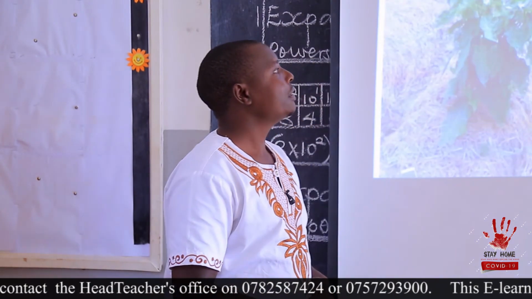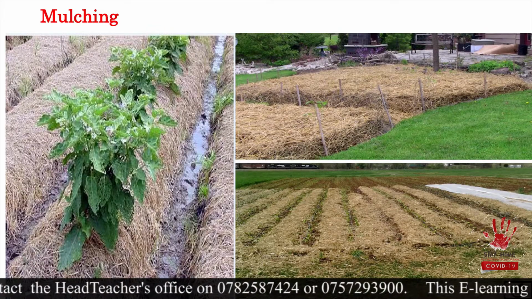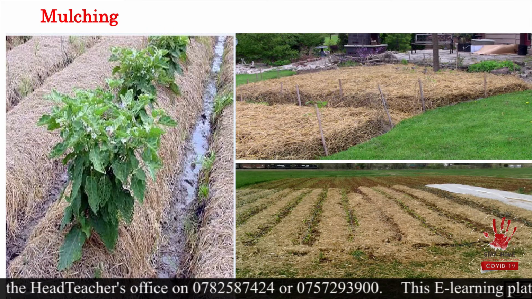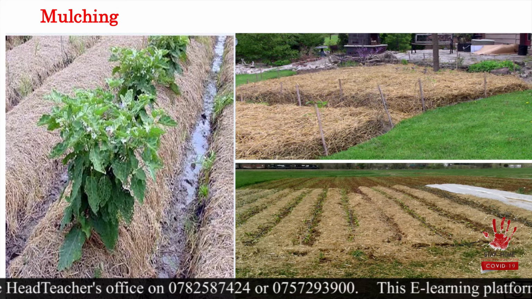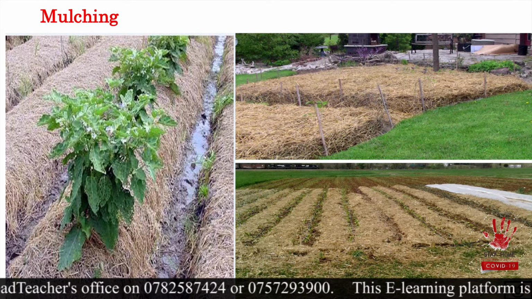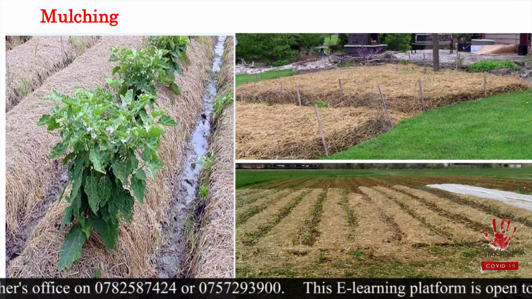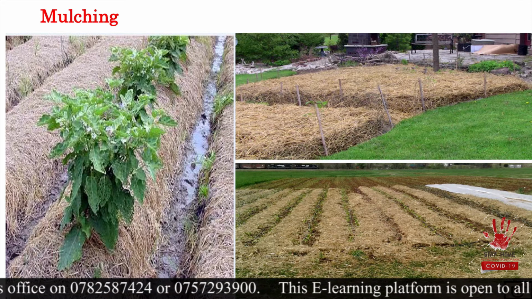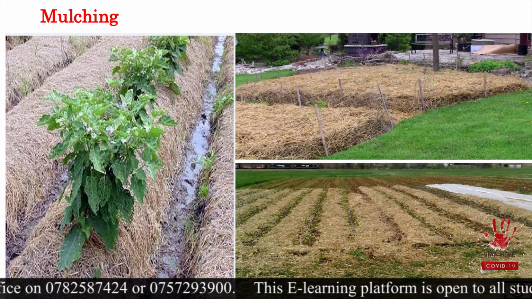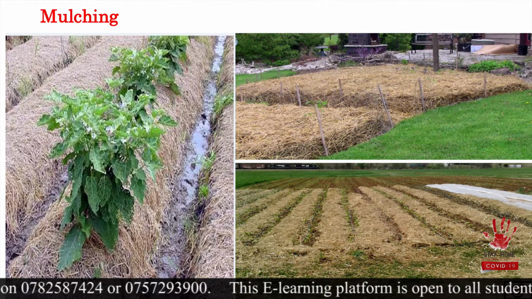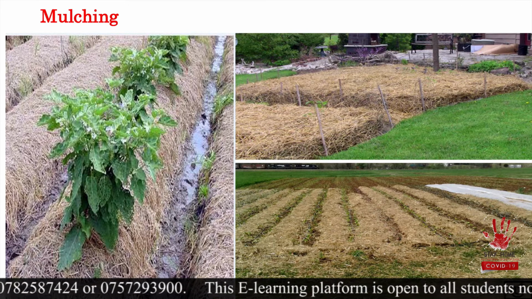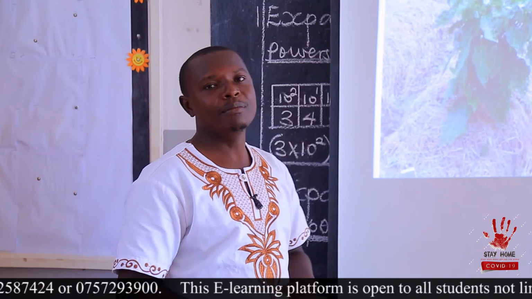Now, that is a mulched garden. All those are mulched gardens. You can see they covered dry plant materials in someone's garden. Okay, so they put there the mulches. We shall see the reasons why they put the mulches.